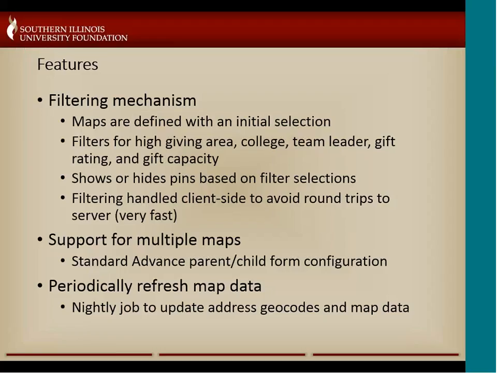The other thing they wanted is they didn't want just one general map where we filter and can't do initial selection, so we added support for multiple maps. I think we're up to 17 maps now.